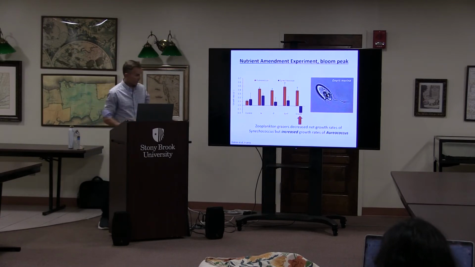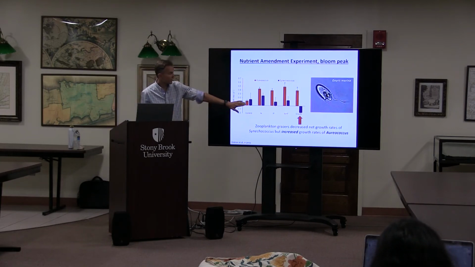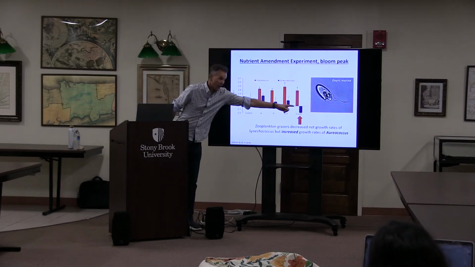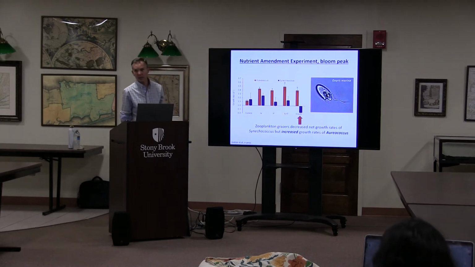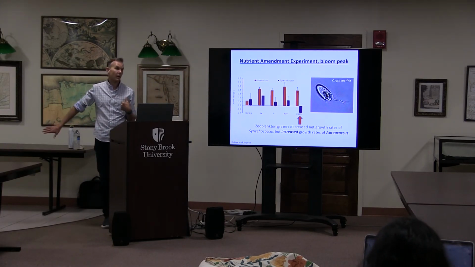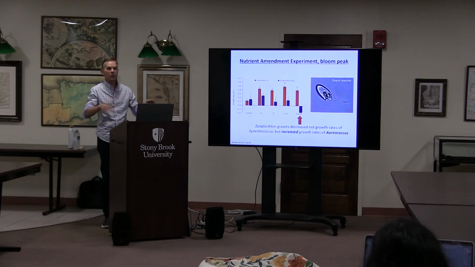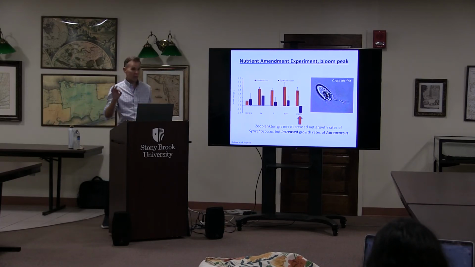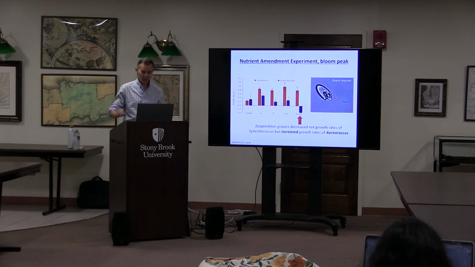Stepping away from the nutrients, if you just compare the control condition, where both organisms are growing at about the same rate, introduce a predator, and now this guy has really found an advantage. Not only is it growing faster, but its nearest competitor is dying off. This is a sign that this is probably a very important ecological process. Not one we can control, but it is going on.